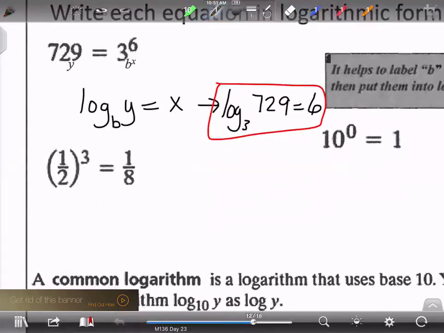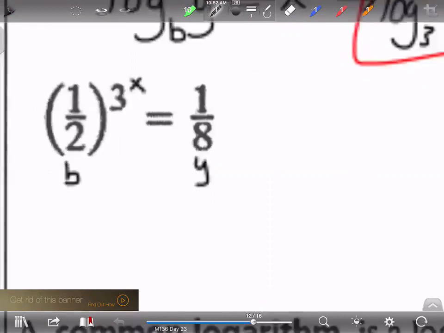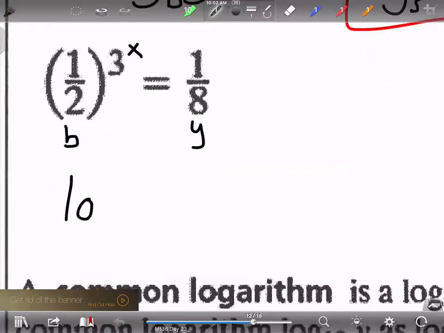Looking at the next one, we have 1/2 to the third power equals 1/8. The number that's by itself is y, the base of the exponent is b, and the actual exponent itself is x. So I'm going to label these again. Y is the number that's by itself, b is the base of the exponent, and x is the exponent. So now when I go to rewrite, I need log base b.